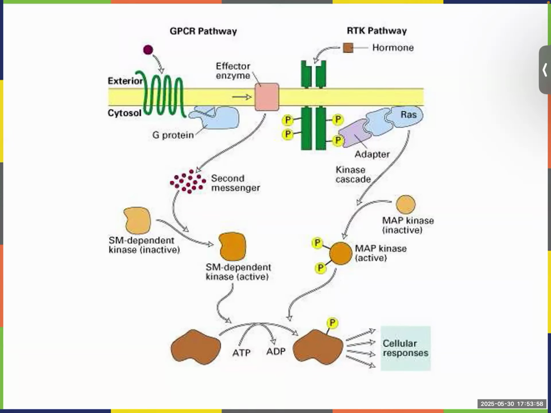Similarly, in the RTK pathway, once the receptor is phosphorylated, that information is conveyed indirectly by an adapter to RAS, and RAS activates a kinase called MAP kinase, which will also phosphorylate some molecule or protein that will eventually lead to a cellular response. So they do it slightly differently, but in the end, they activate some protein or change the protein's response by phosphorylating it.